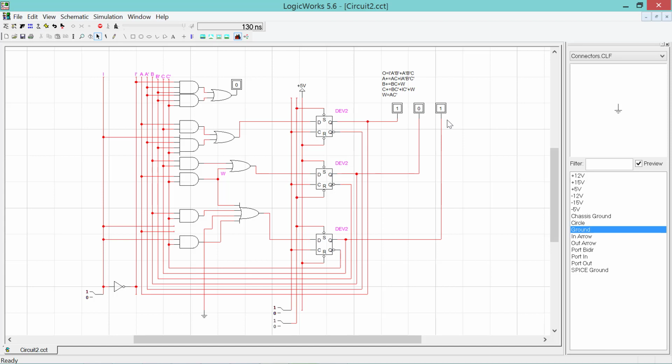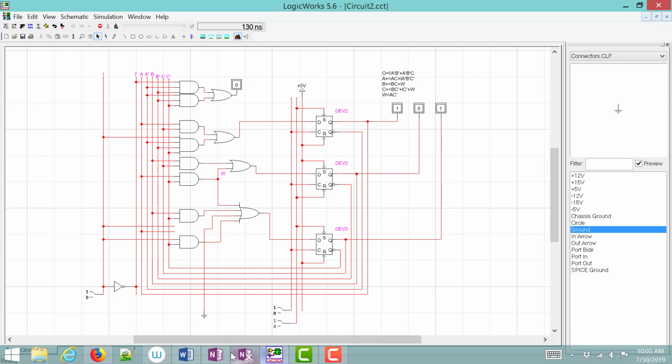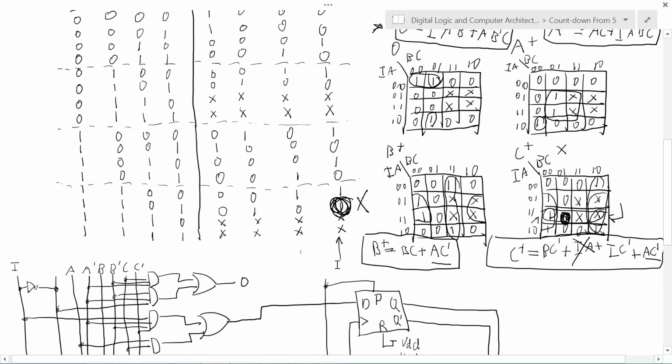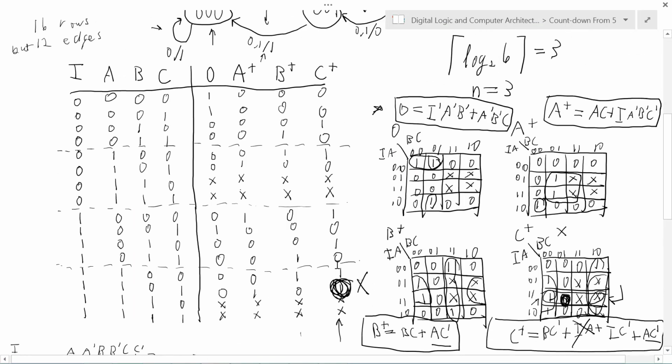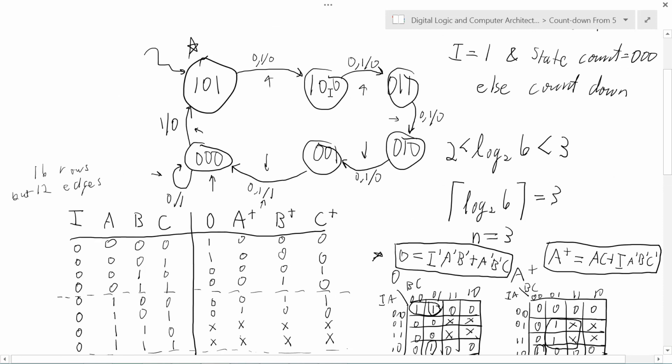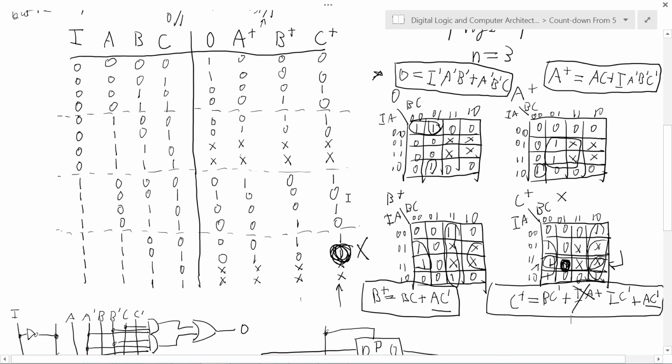What is interesting about this presentation here is we went through the development of a state machine that includes a number of states that is not a power of 2. We have only 1, 2, 3, 4, 5, 6 states. Notice that we list the extra states which are represented by the D flip-flops.